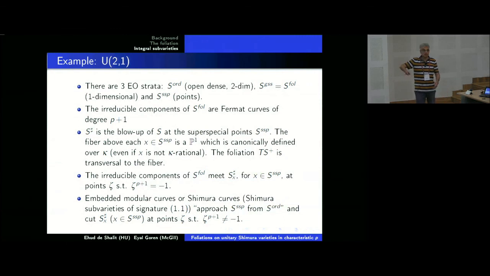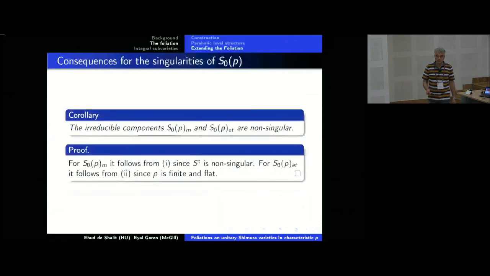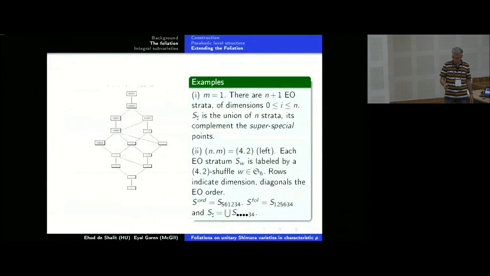What about all the intermediate ones? Remember this picture that I had? Here. What about all these in between? Is the foliation always contained along a stratum inside the stratum?